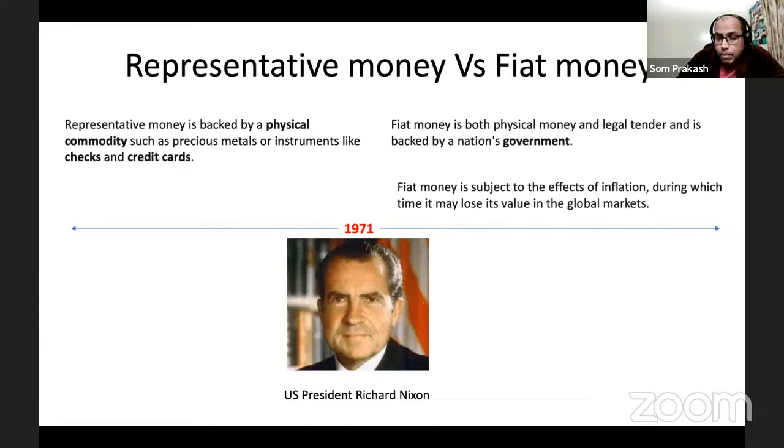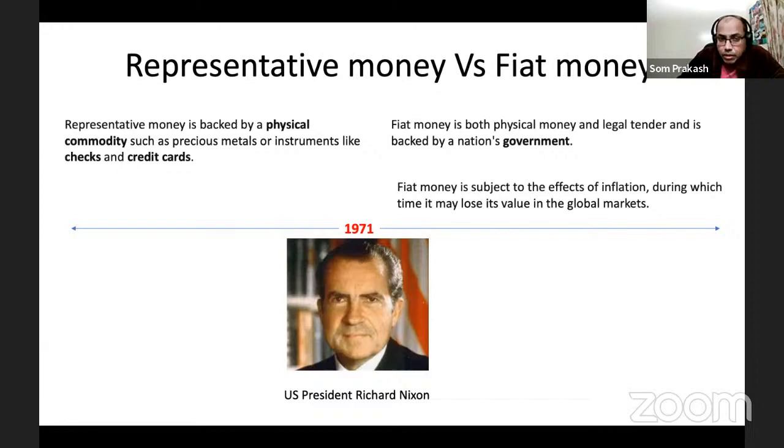When I say backing of gold, it means we can only produce this amount of fiat, this amount of legal notes, in exchange for a certain amount of gold.